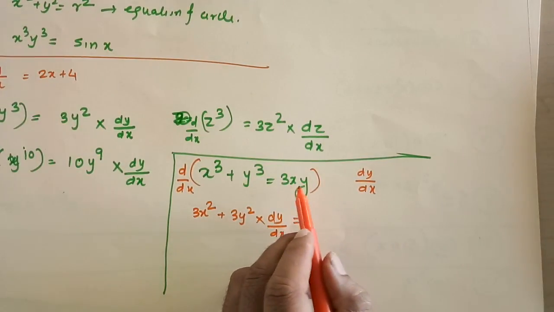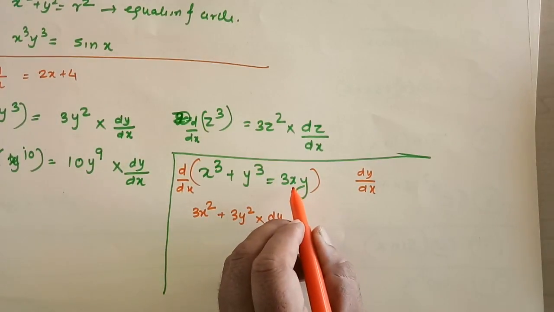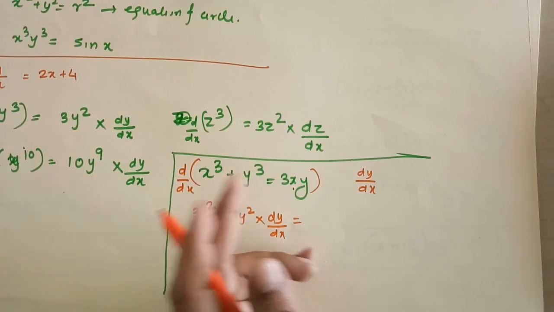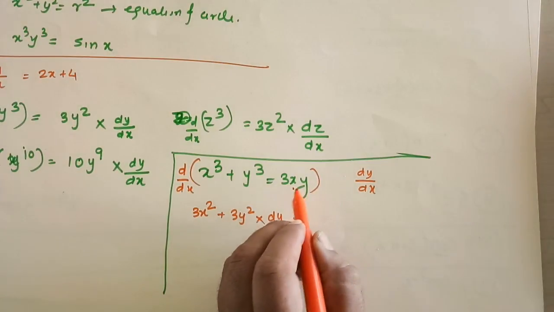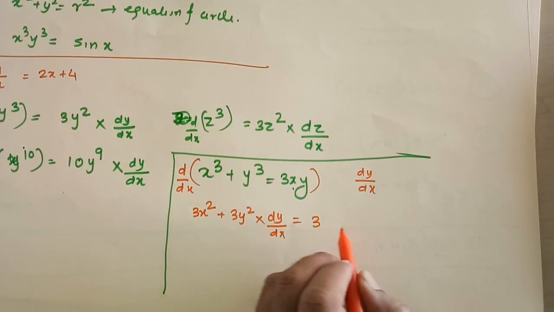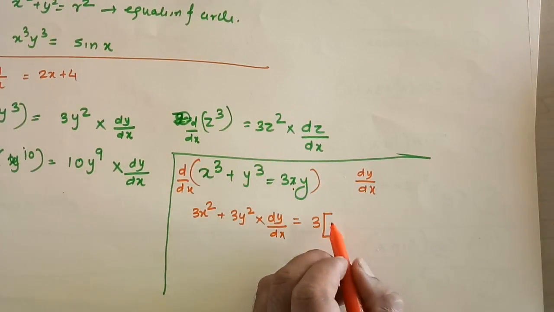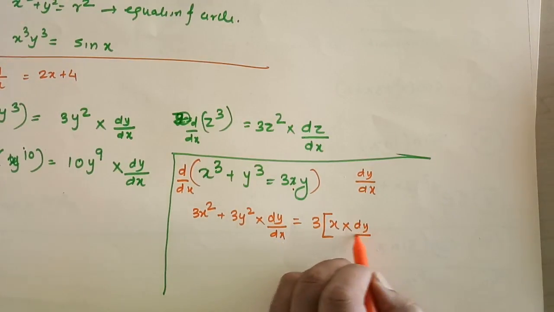Now I have to differentiate the other side as well, so you have to apply the product rule. Students normally just consider the derivative as 3y, so they go wrong. When you apply the product rule on 3xy, you take 3 times x times the derivative of y. So x times, if I differentiate y with respect to x, you'd get dy by dx.